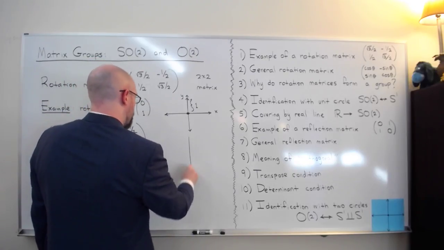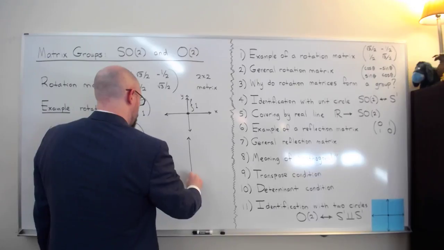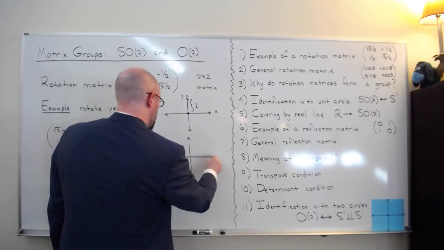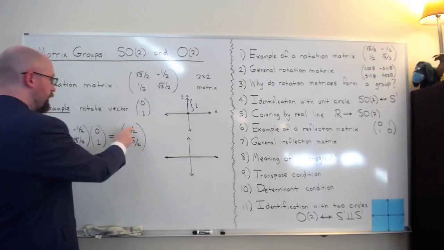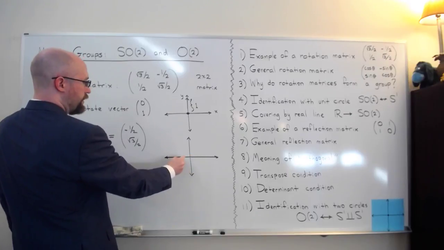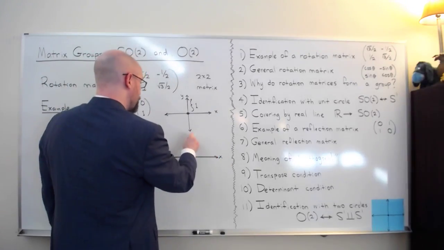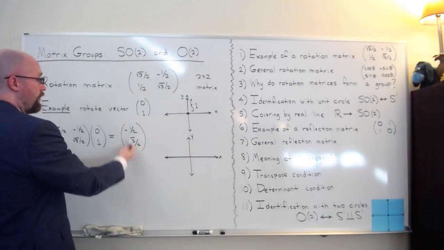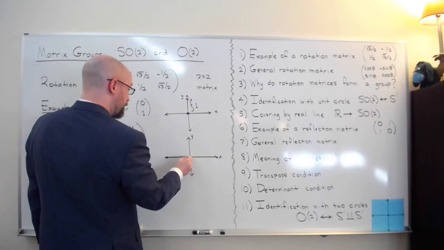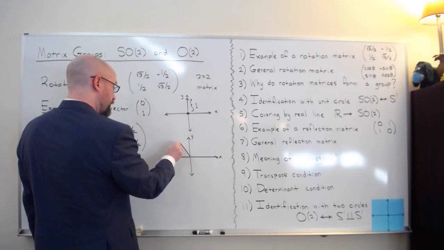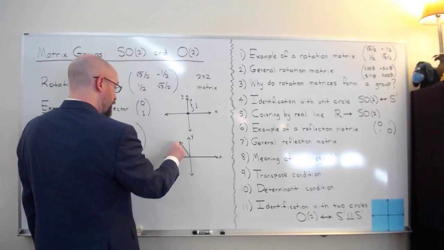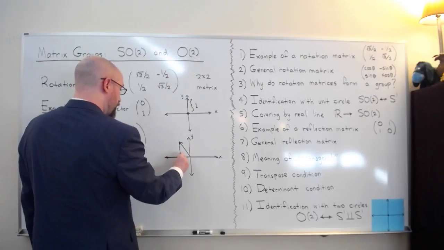The way this looks geometrically is the minus 1/2 tells me I come out a distance of 1/2 in the negative direction for x. So this is x and this is y still. And then I go up a distance of square root of 3 over 2. So that's telling me it's a vector that goes like this. And so I could draw a perpendicular line there.